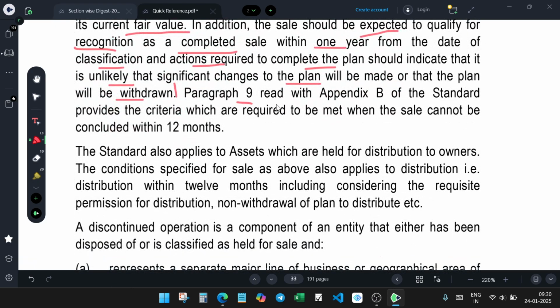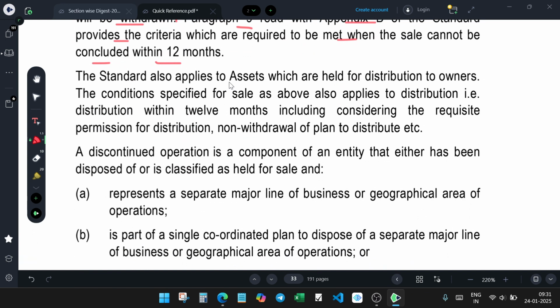Para 9 read with Appendix B of the standard provides the criteria which are required to be met when the sale cannot be concluded within 12 months. What if this sale is not completed in 12 months? This para 9 of Appendix B gives an idea what to do. The standard also applies to assets which are held for distribution to owners.